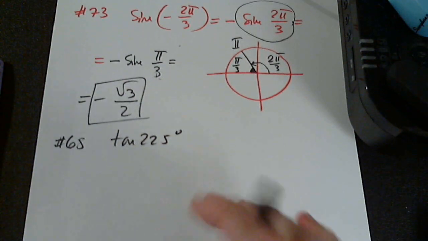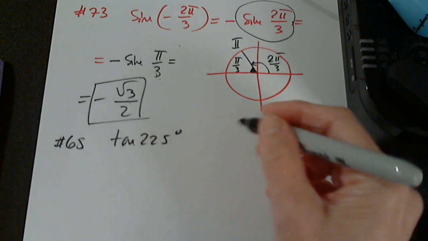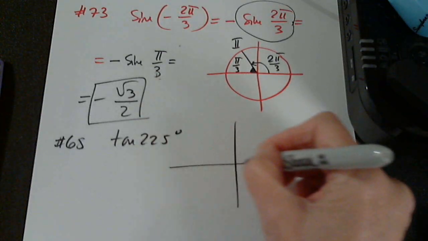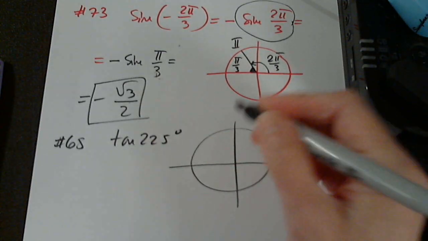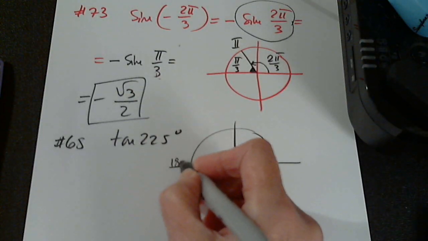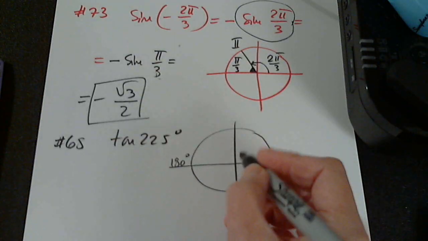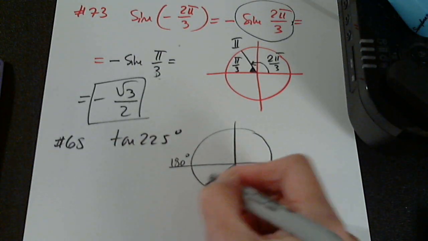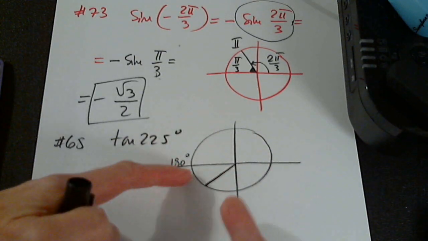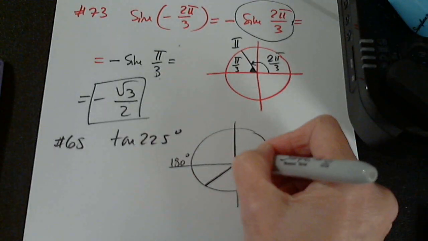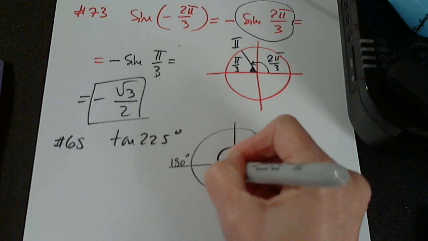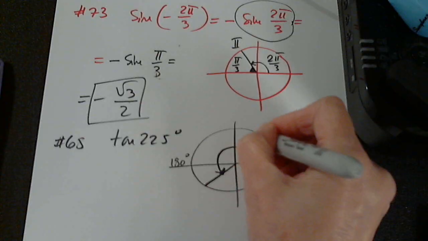So tangent of 225, let's see where 225 is. This is 180 degrees, and I have to add 45 degrees to this. Excellent, right in the middle, because 45 and 45 will be 90. So from here till here, I have my angle of 225 degrees.